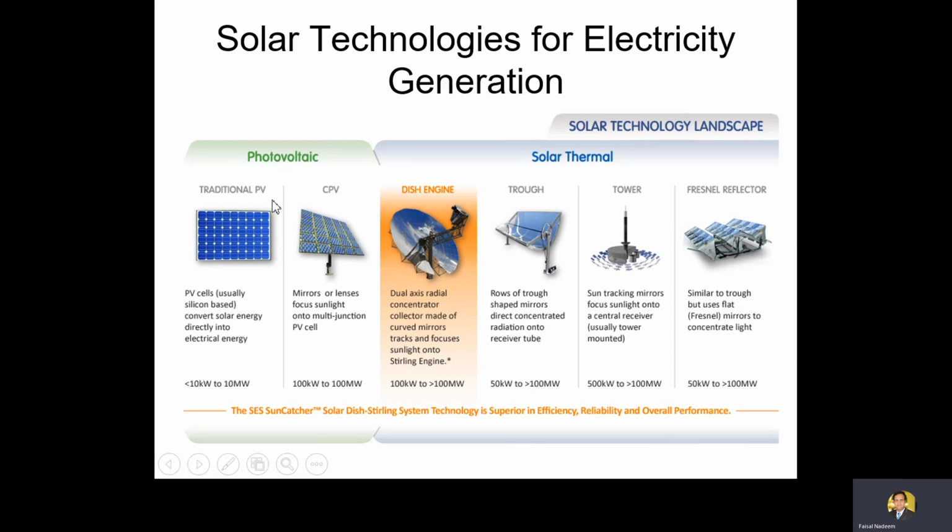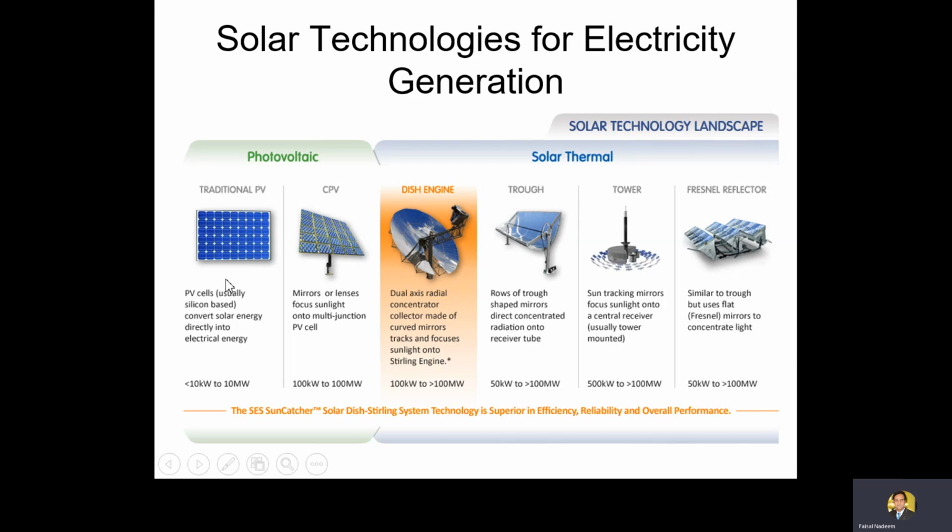One is traditional solar photovoltaic technology, which is an example of non-concentrated solar power technology, and the other one is the CPV, also known as concentrated photovoltaic, which is an example of concentrated solar technology. And all solar thermal technologies are regarded as examples of concentrated solar technology.